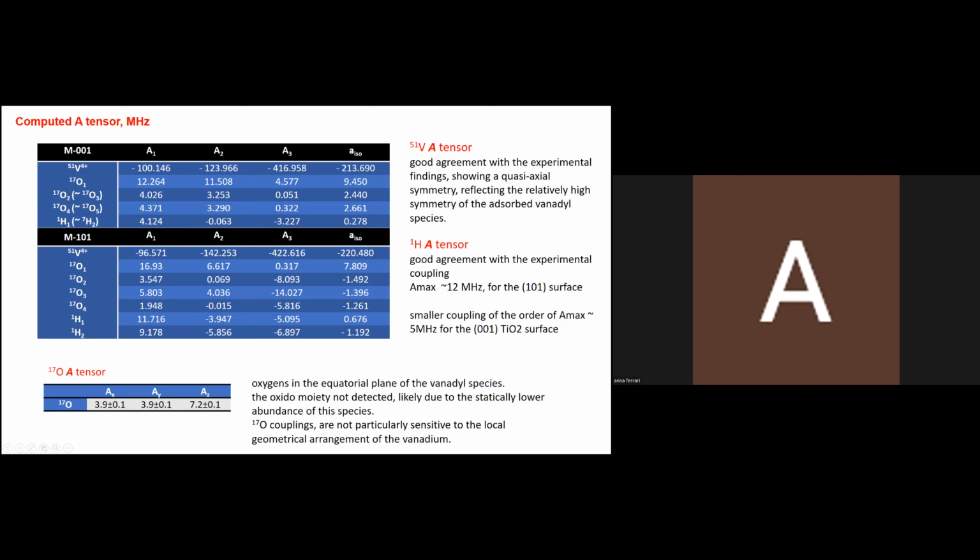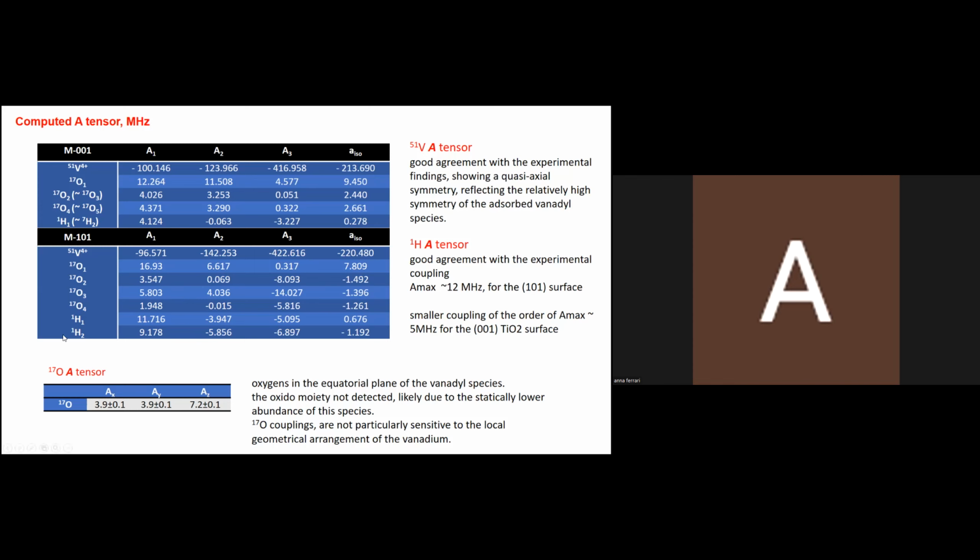For the 001 surface, we have an experimental value, the maximum component of the tensor, around 5, computed value is around 4. So this is a very good indication that the structure coming from EPR considerations is consistent with the calculation, consistent with the observation. So the structure meets the indications derived from observation.